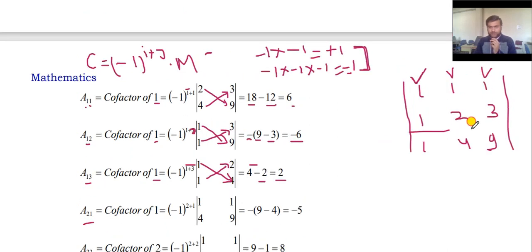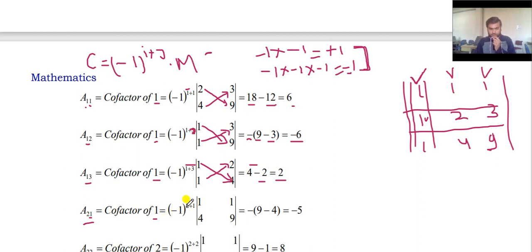Second row is this row, and first column means this column. So which element is it talking about? This one. Cofactor of 1.